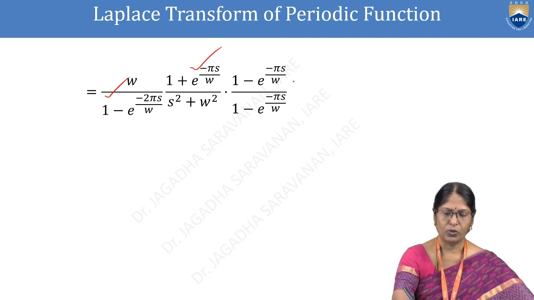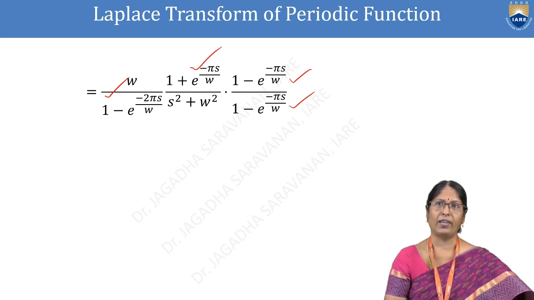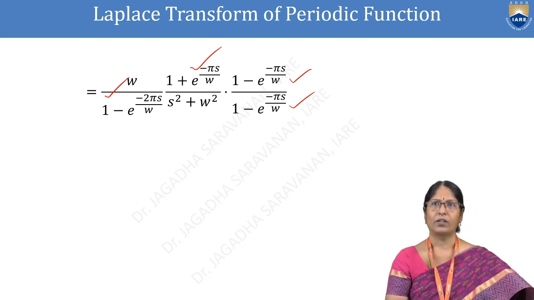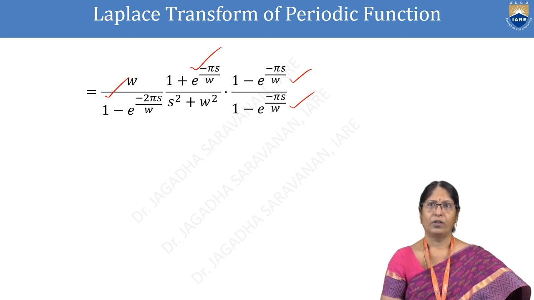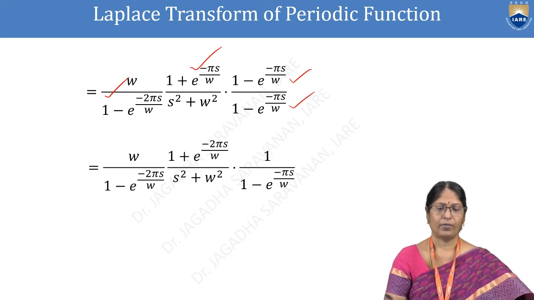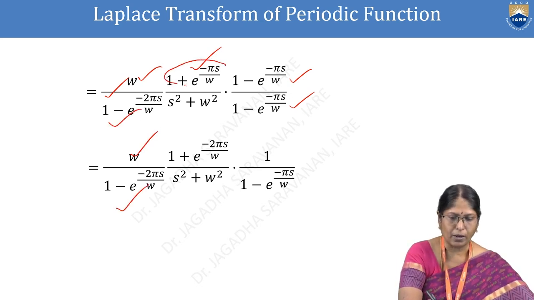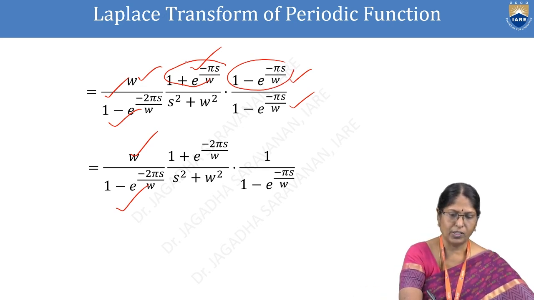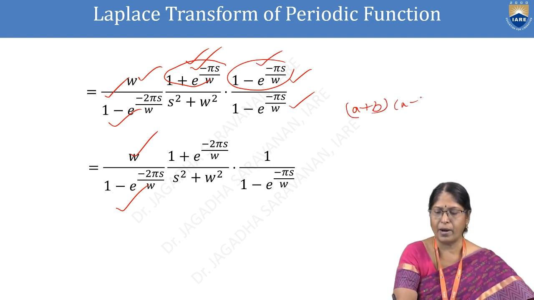We want to give the result in a simplified form. That is the reason numerator and denominator, up and down, we are multiplying by the term 1 minus e power minus pi s by w divided by 1 minus e power minus pi s by w. In the simplification, we take this term as a plus b and this term as a minus b.